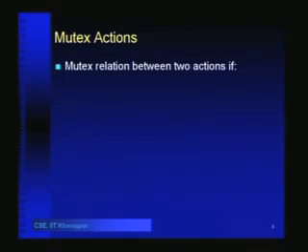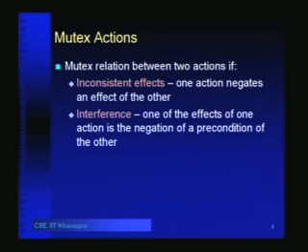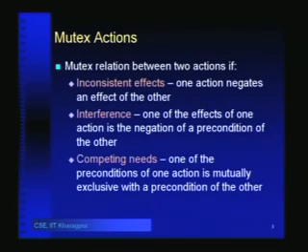But in addition to the basic set of clauses that are generated, we will also have to model the mutex actions, because all the clauses will not be in a conjunction. There will be disjunction between clauses. So, all the different kinds of mutex relations that we studied, namely inconsistent effects, interference and competing needs, will be modeled as SAT instances.